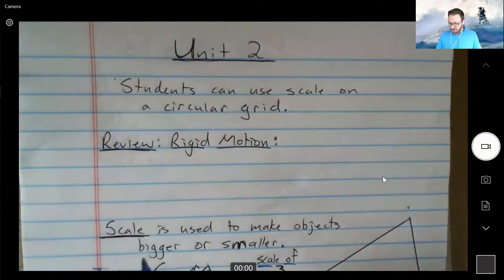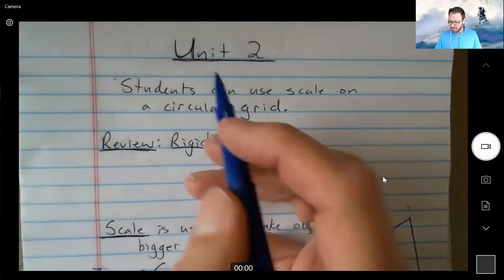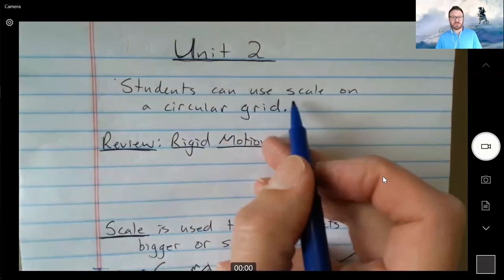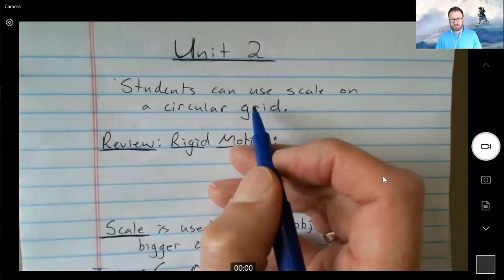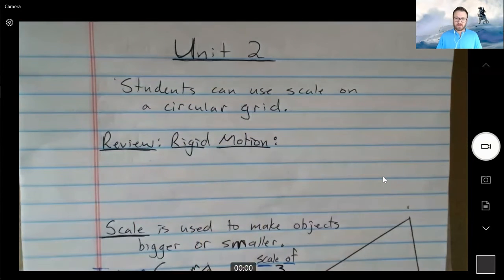And the objective for today, tomorrow, is that you're going to be able to use scale on a circular grid. All right? So first off, we just had a 2-week little mini project. Let's get back and talk about rigid motion. Rigid motion is when we're taking that shape, and we talked about transformations, which included translations, rotations, reflections.